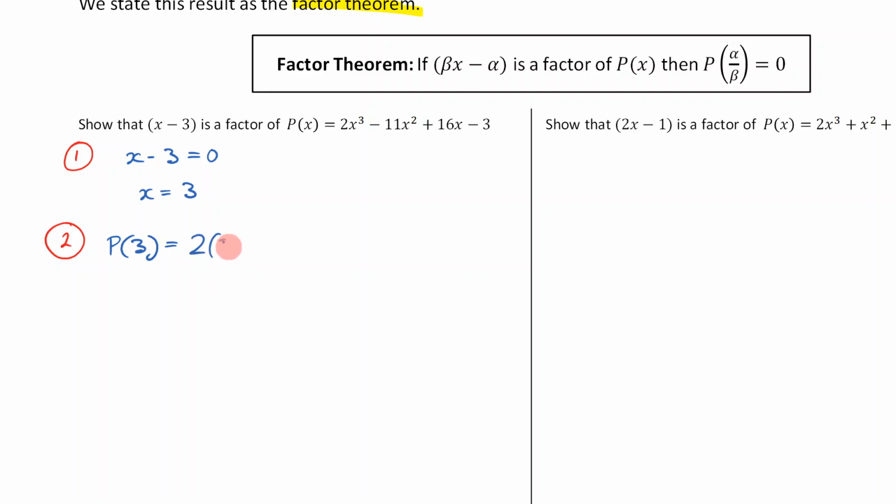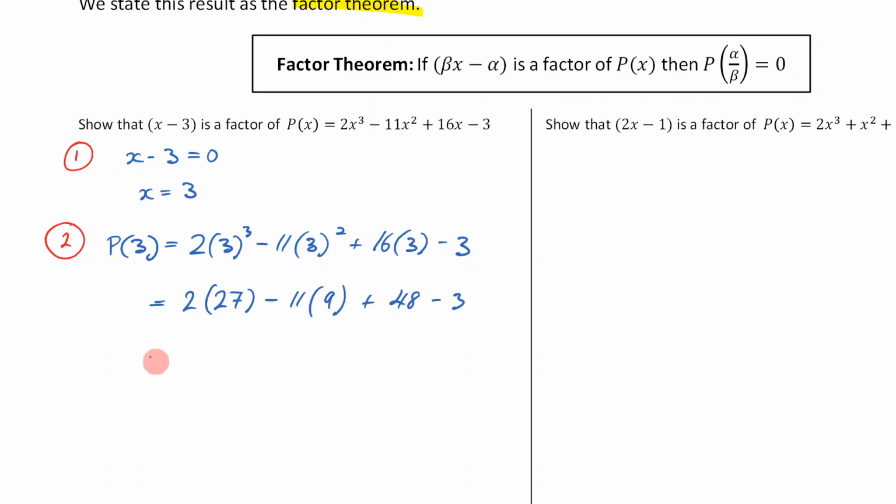So that's going to be 2(3 cubed) minus 11(3 squared) plus 16(3) minus 3, which is going to be 2(27) minus 11(9) plus 48 minus 3, which is going to be 54 minus 99 plus 48 minus 3, which is going to be 54 minus 99 will be minus 45, plus 48 minus 3 will be 45, and that's going to be 0.